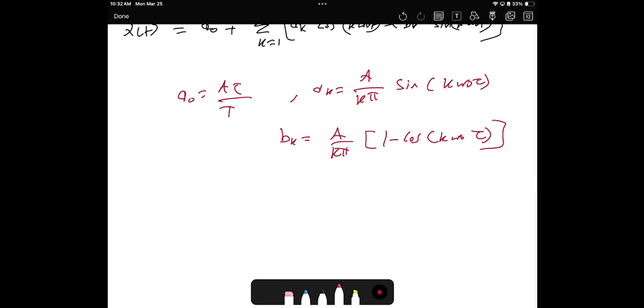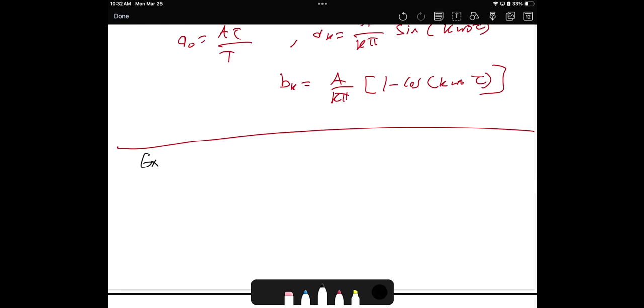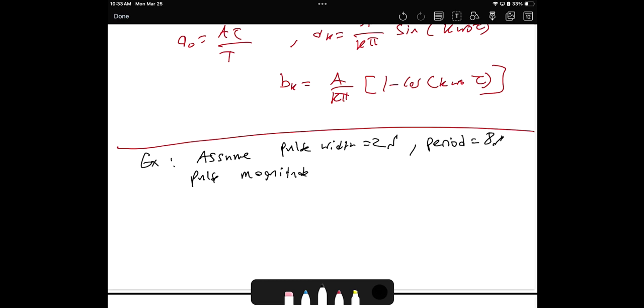Okay, let's have an example. Assume the pulse width tau is given in seconds, the period equals 8 seconds, and the pulse magnitude A equals 2.